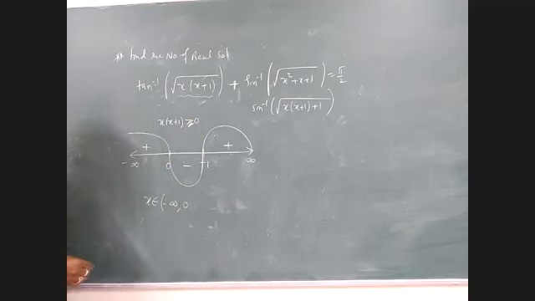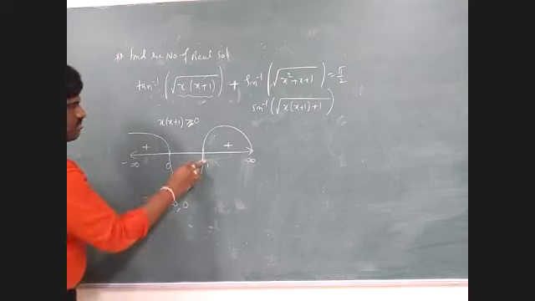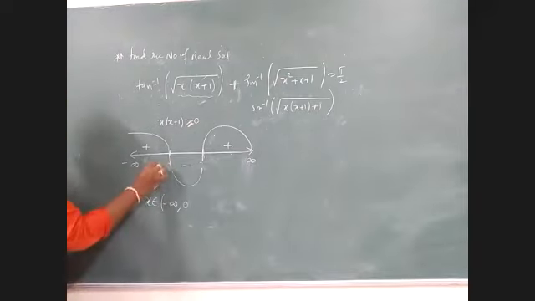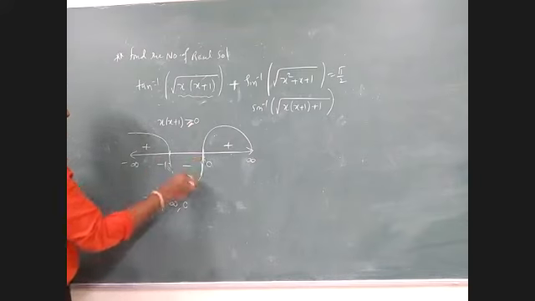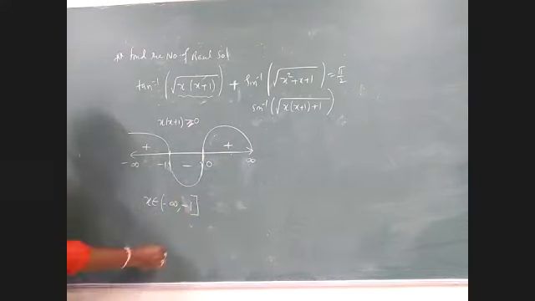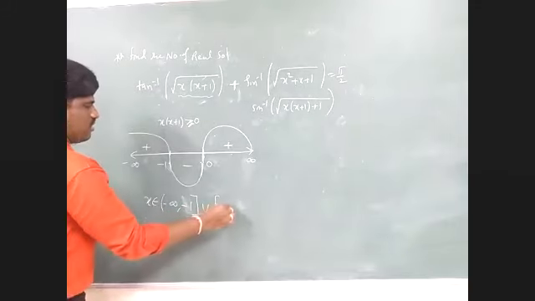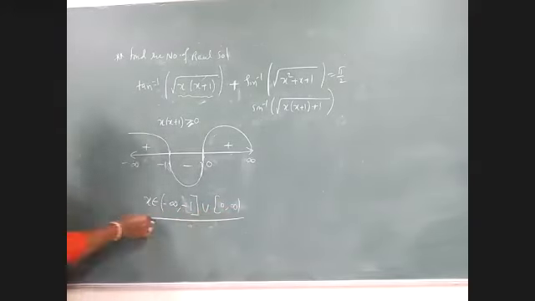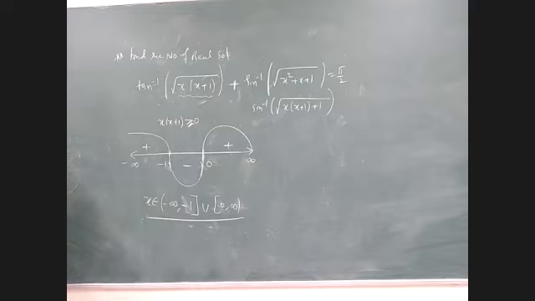Okay, sorry. Here is minus 1, here is 0. So minus infinity to minus 1 closed, union 0 to infinity. This is the x solution.